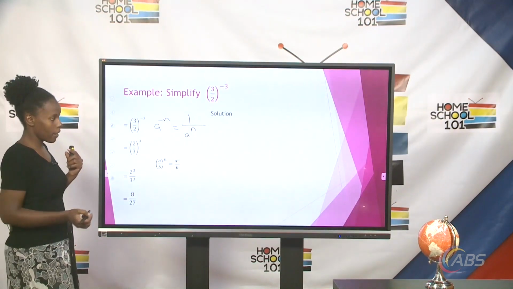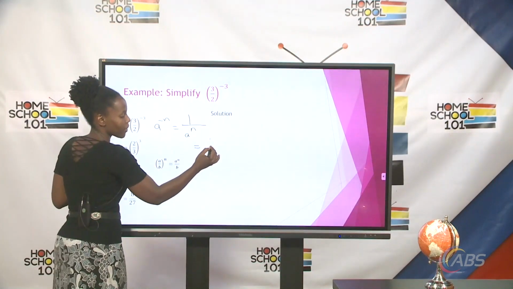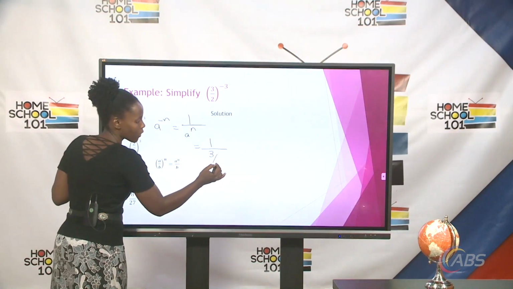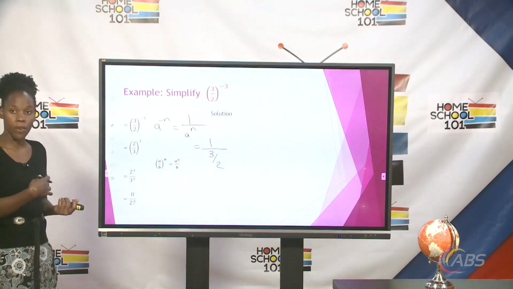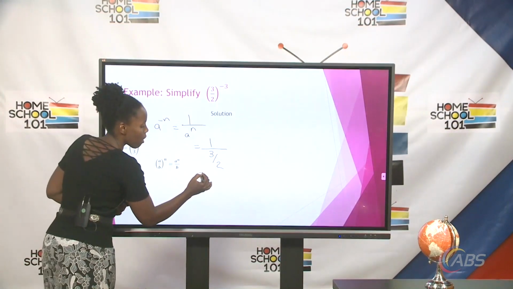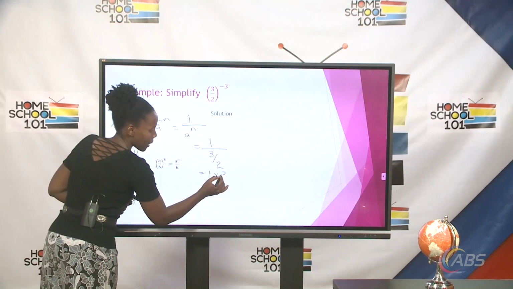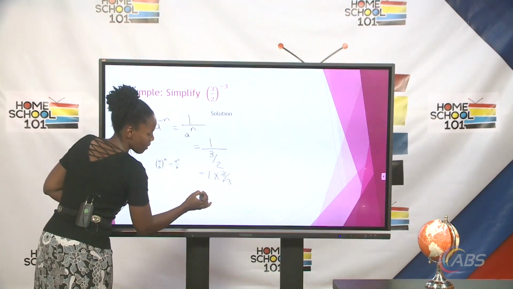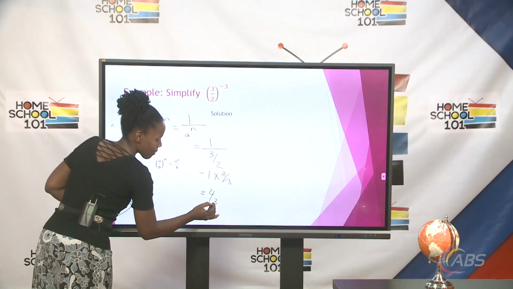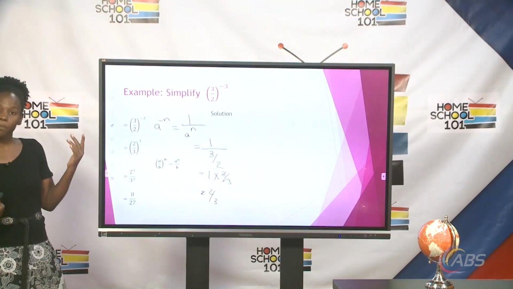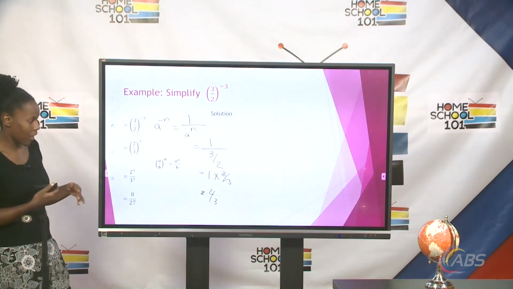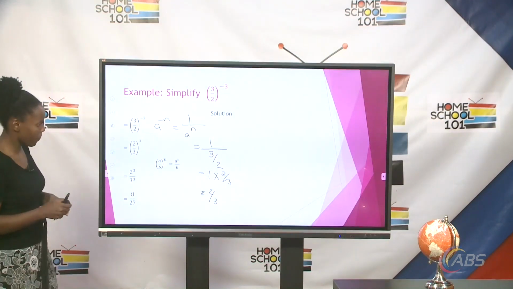So if I would simply write this as 1 divided by 3 over 2, and whenever you're dividing by a fraction, all you need to do is to invert and multiply. So then it becomes 1 times 2 over 3, which gives me 2 over 3. And hence, once we have a negative power, we simply invert the fraction and it becomes positive.